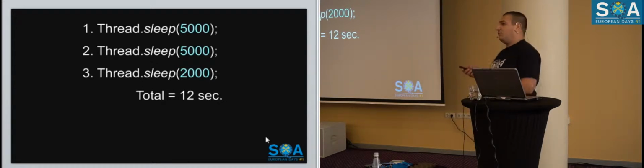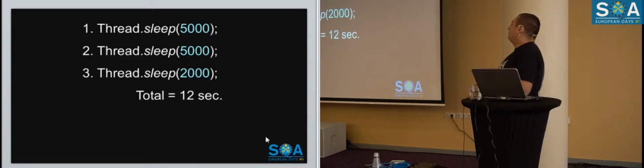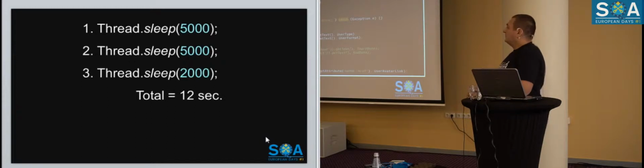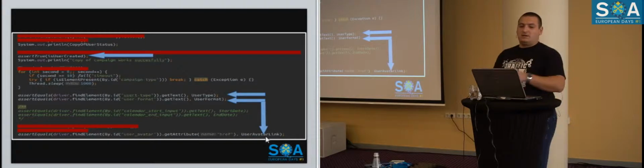This is terrible. This is wasted time. This is the thing that everybody uses, but no one wants to admit it. Thread.sleep is very tricky. Why is this bad? Because time is wasted. And why 2 seconds, why not 500 milliseconds? If it's bad, we delete it.